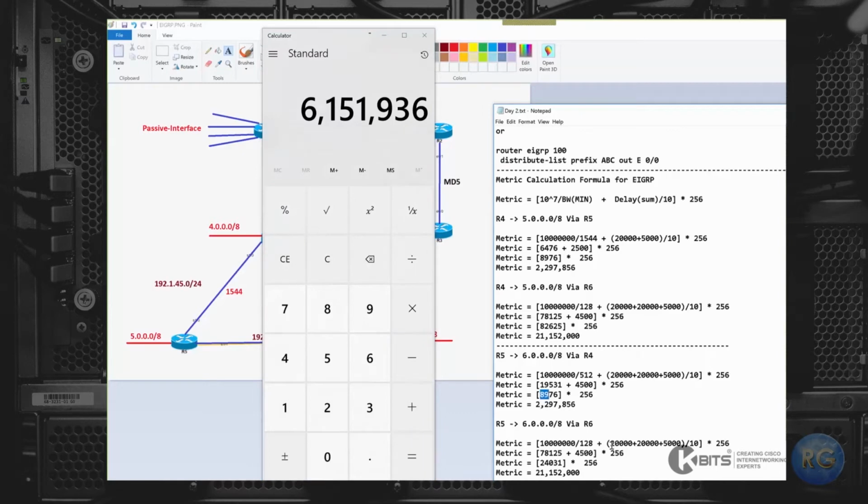That's the one. 24,031 gets you 6,151,936 approximately.